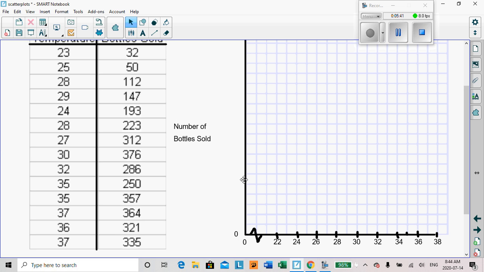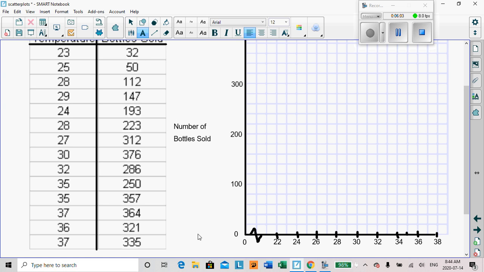So I'm going to count up 5 squares will be 100, and then another 5 squares will be 200, 300, and 400. And this is just to save me time. Now you could put all of the numbers on there if you wanted to.